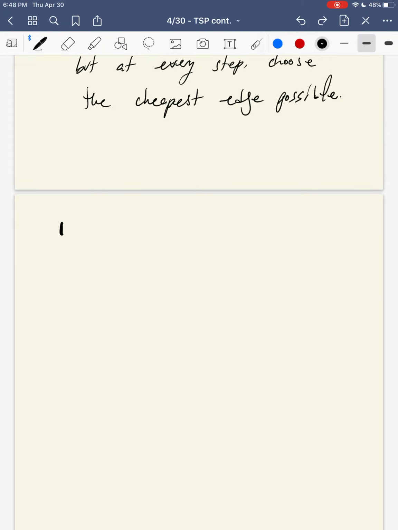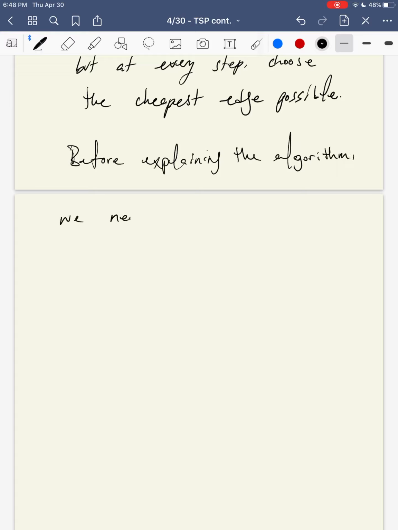Before explaining the algorithm, we need some observations.